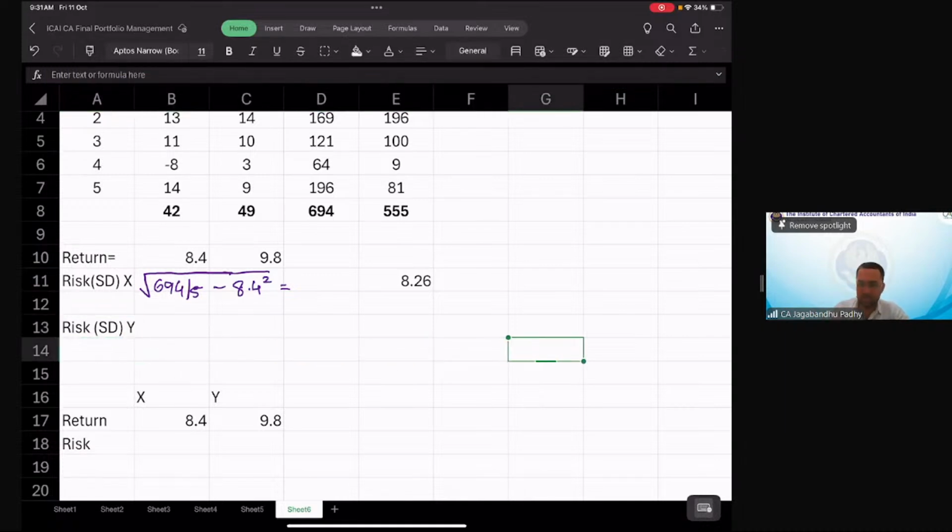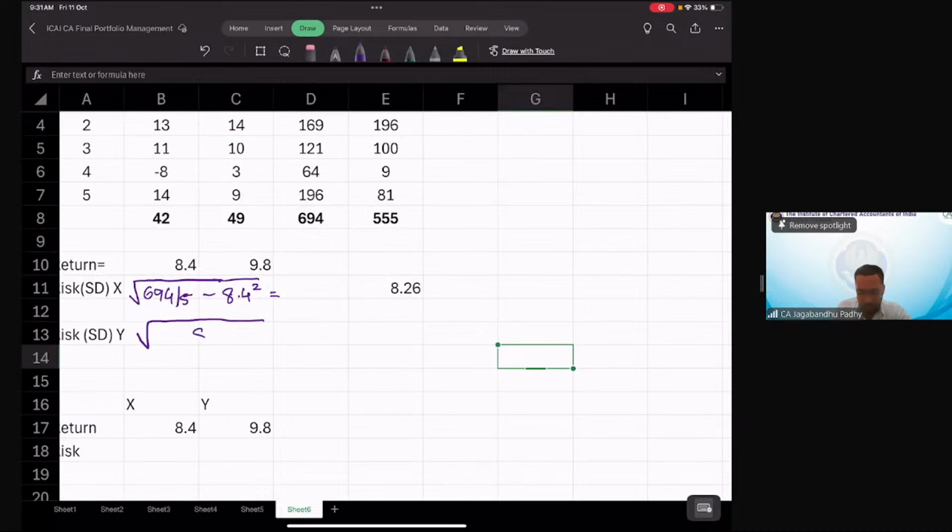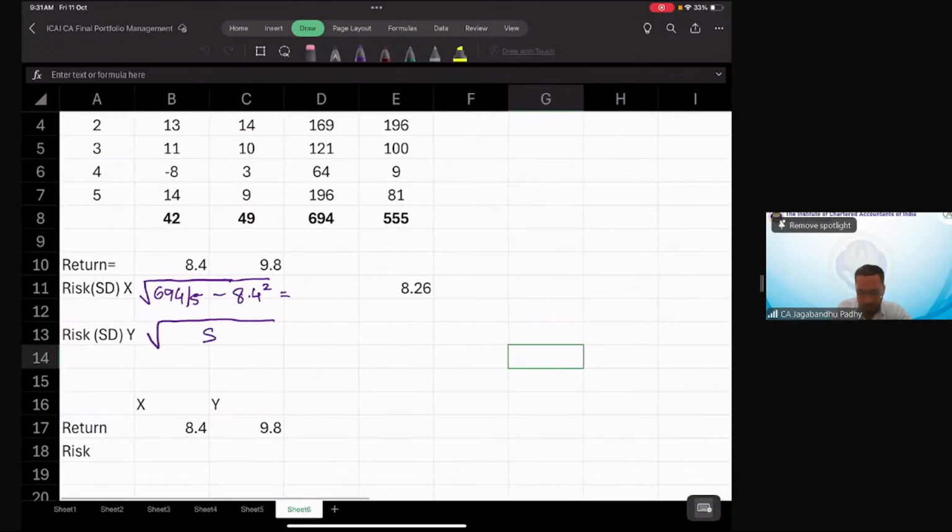Calculations are also going to be again similar. It will be square root of 555 divided by 5 minus 9.8 square.